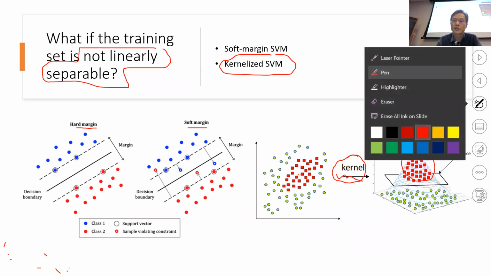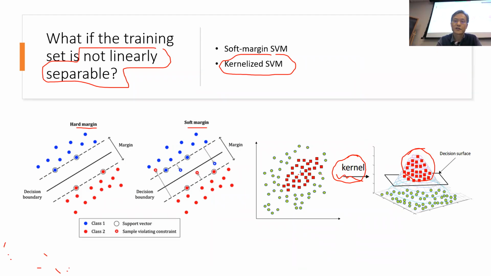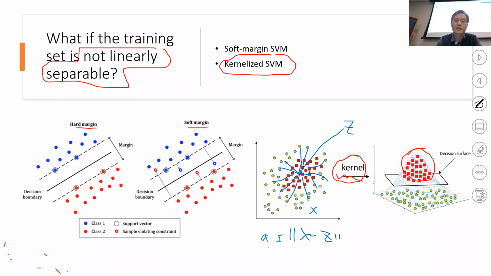Out right here. So I want to change the color so you can see. I found the center z here, and I compute the distance from all the data points, say, for example, from x to z, and then transform this distance using the Gaussian curve function.